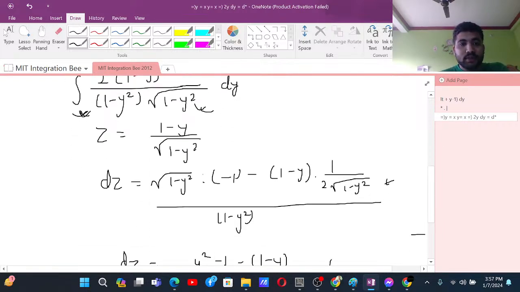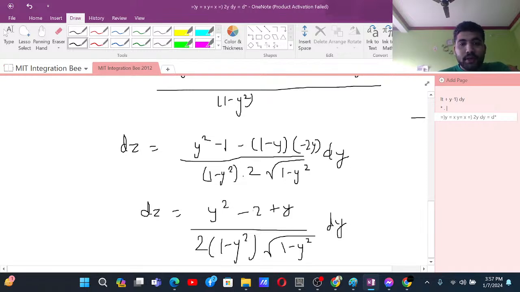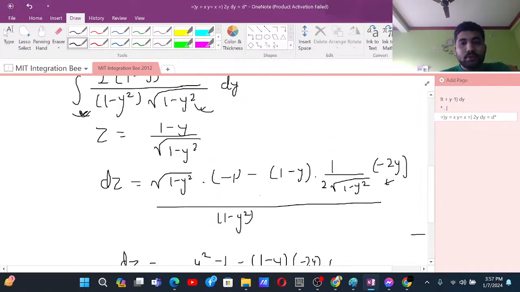When I was differentiating root under 1 minus y square, I did 1 by 2 root 1 minus y square, and then by chain rule we also have minus 2y over here. And when we have minus 2y over here, this will be y square. Let me write it again. Minus 1 and then plus 2y, plus 2y, and then minus 2y square. Yeah, minus y square minus 1.